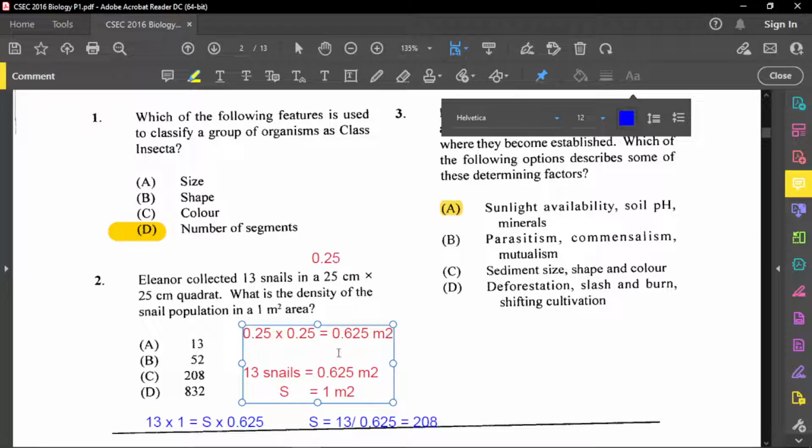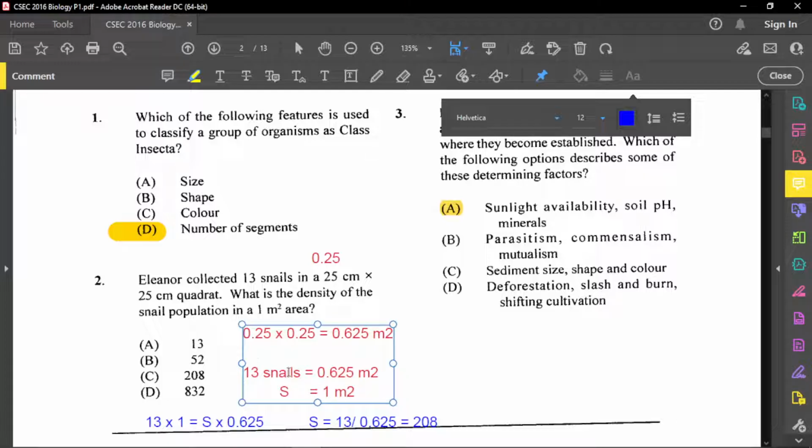Since this is my area in meter square, I can say that 13 snails can be found in 0.625 meter square area. Now S is what I want to find: the number of snails, S, in 1 meter square. So I have this mathematical expression: 13 is equal to 0.625, while S, which I don't know, is equal to 1 meter square.